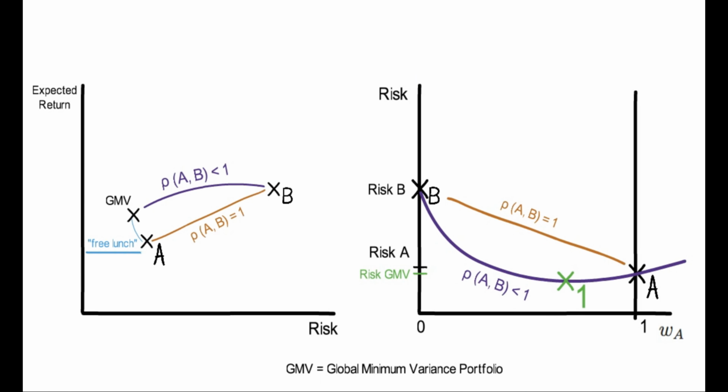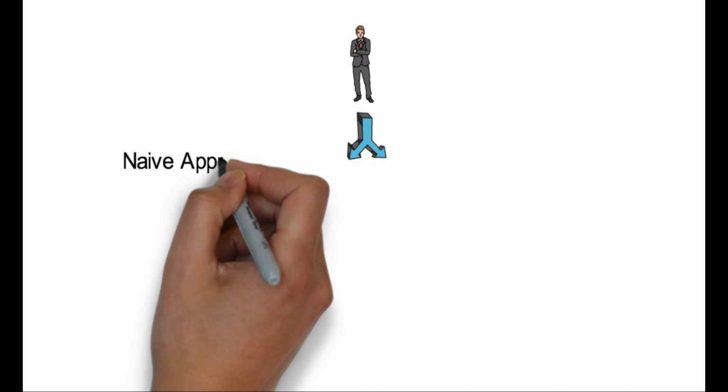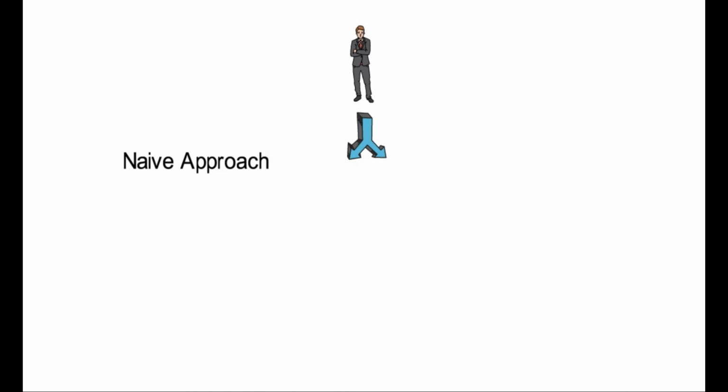The last learning point for that video here is the following. An investor has 2 ways to diversify away asset-specific risk. There is what is called the naive approach, which is also known as the 1/n rule. It says that if you invest 1,000 euros into 10 assets, you invest 100 euros into each asset.